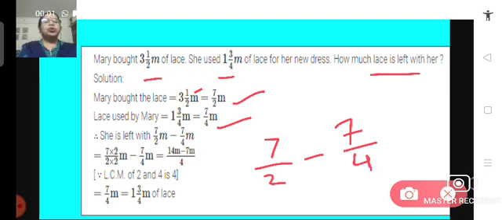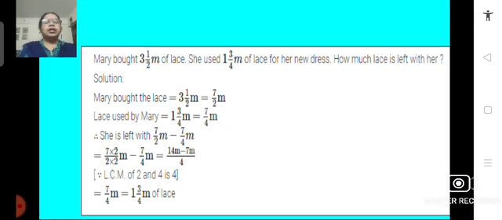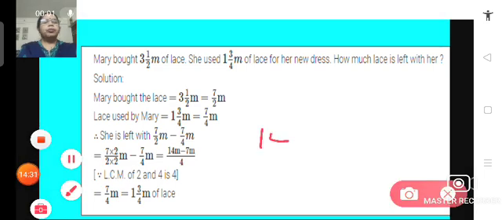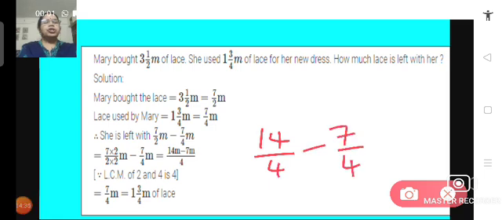So what do we do? We find the LCM of 2 and 4. So we convert 7/2 into equivalent fraction so that the denominator becomes 4. So what do we get? We get 14/4 minus 7/4. So when we do the subtraction, what do we get?